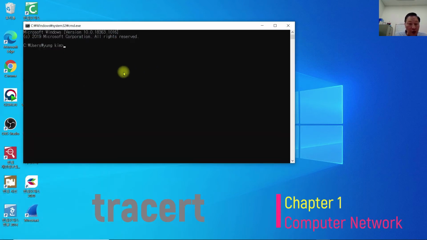Then the command window will be shown here. Then here, tracert. We are learning about traceroute. Instead of traceroute, tracert will be used here. After that, some domain name like google.com.